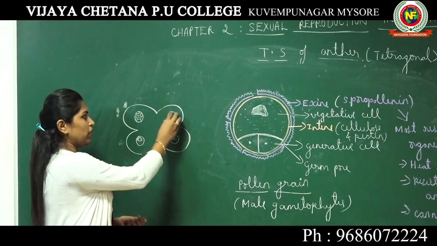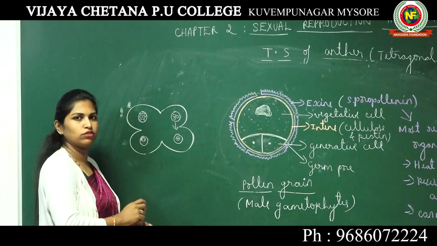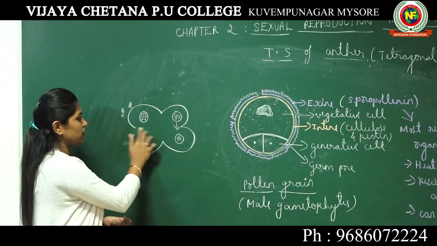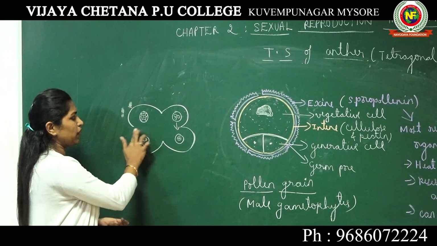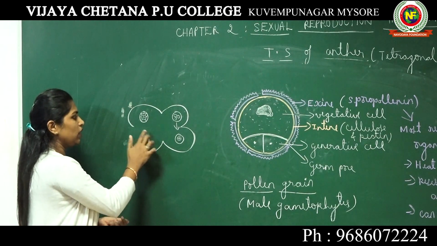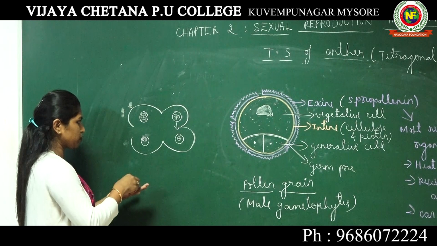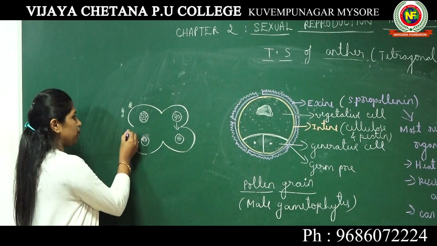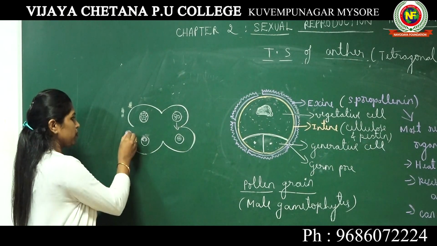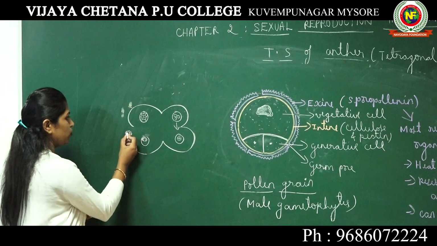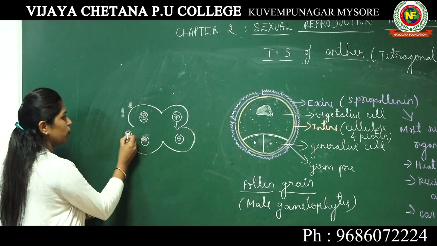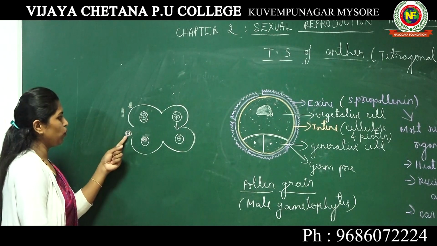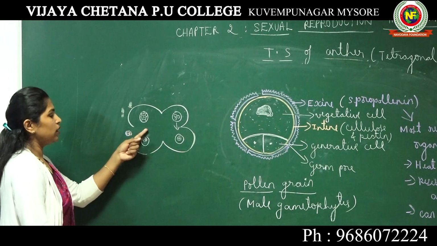Now when the anther dehisces, when the anther breaks open, these pollen grains are released out of the anther. They are in a two-celled stage, carrying a male gamete. In this stage, the pollen grains are released out of the anther.